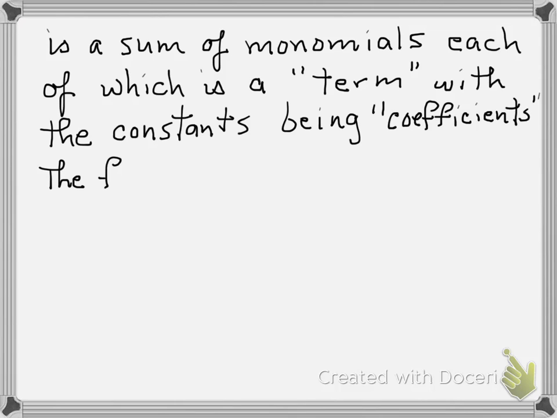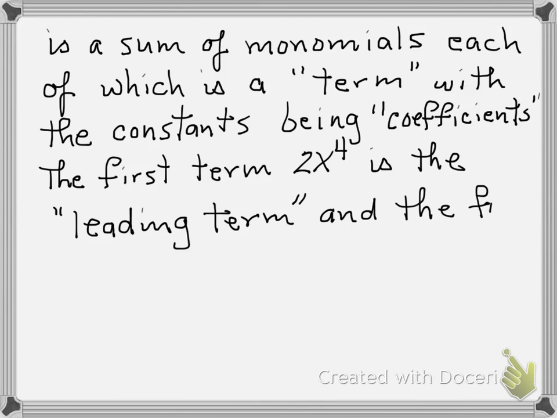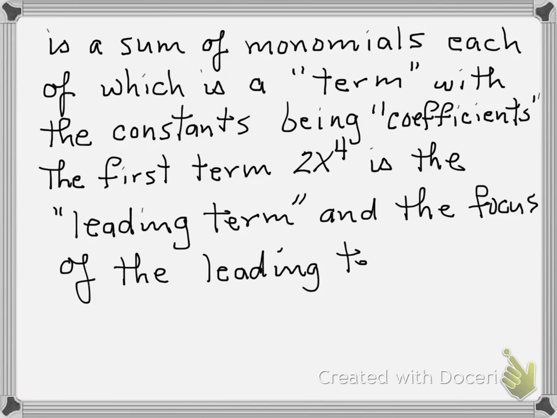A power function is not always a polynomial, and we've talked about that in other sessions, but what we're interested in is the constants being called coefficients, and the first term, 2x to the fourth, is called the leading term, hopefully for obvious reason, and it's the focus of what we're going to call the leading term test.